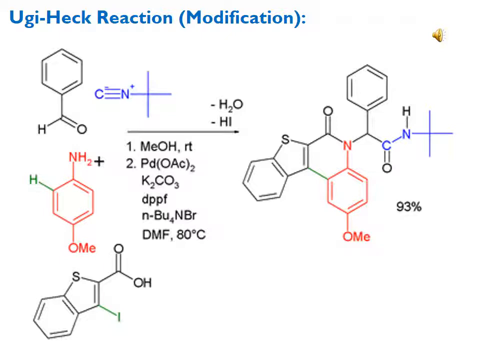Palladium diacetate is a salt, and DPPF is acting as a ligand for the catalytic pathway, and then N-butyl ammonium bromide is also acting as a base, with DMF solvent and 80 degrees C temperature used for this reaction. This DPPF ligand we have also mentioned in some previous lectures. It is the abbreviation of bis diphenylphosphinoferrocene, and I think its structure was also given in the previous lecture.